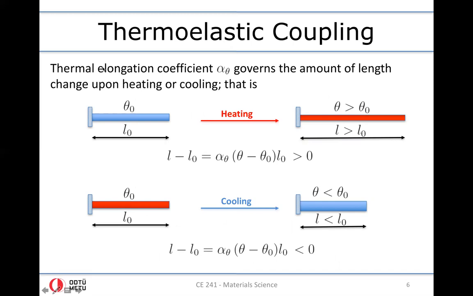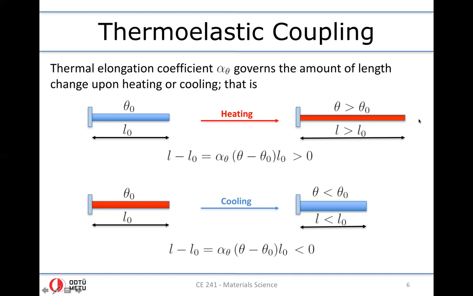Through the following experiment. Assume that you have a bar which is fixed at the left end. The initial temperature of this bar is denoted by theta 0 and the initial length is denoted by L0. If you heat this bar uniformly so that you change its temperature from theta 0 to theta, where theta is greater than theta 0, the length will change.